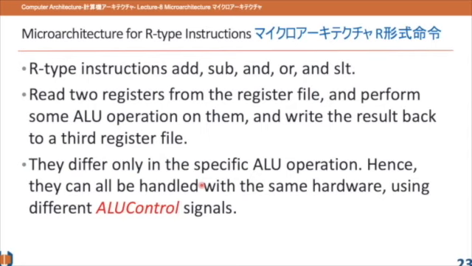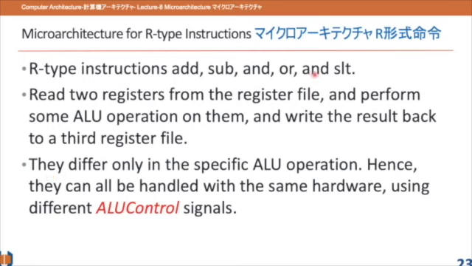Now let's move to R-type instruction. We all studied R-type instructions while we were studying MIPS assembly language. For example, addition, subtraction, logical AND, or SLT are R-type instructions. The common behavior is to read two registers from the register file, perform an arithmetic logic unit operation on them, and write the result back to a third register in the register file. What differs from one operation to another is the ALU operation.